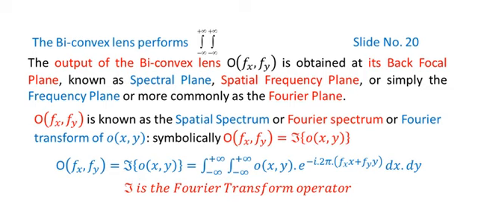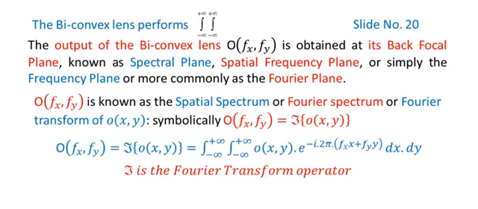As we have said earlier, the biconvex lens performs the double integration. The output of a biconvex lens, capital O as a function of fx and fy, is obtained at the back focal plane, known as the spectral plane, spatial frequency plane, or simply the frequency plane, or more commonly the Fourier plane.